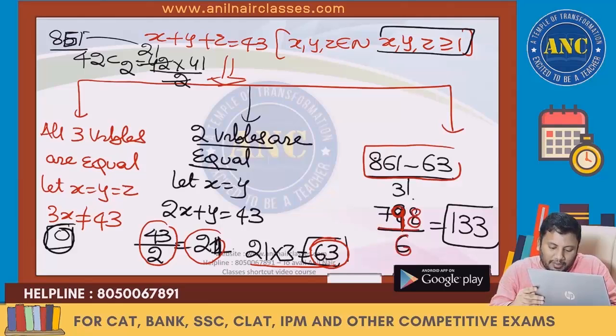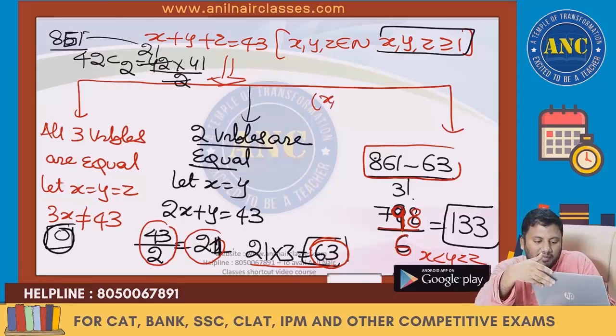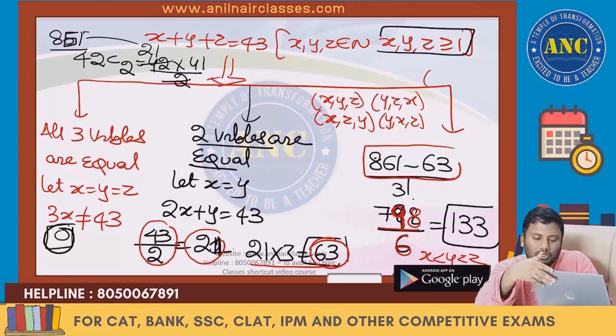Dividing by 6 if the case is x less than y less than z. If three variables are there, they can be arranged like this: x, y, z; x, z, y; y, z, x; y, x, z; z, x, y; and z, y, x.